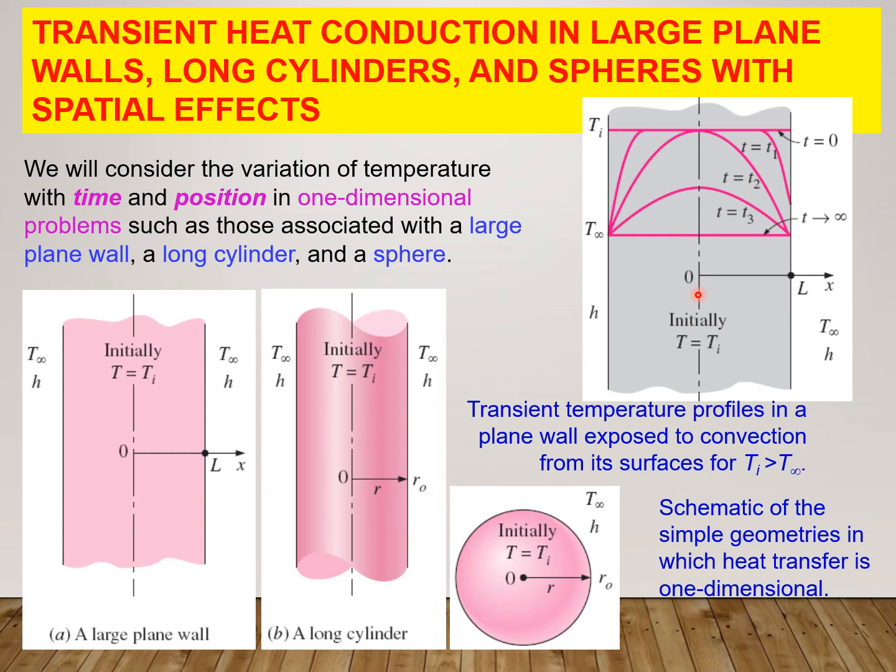This creates a temperature gradient. Gradient means difference in the wall, and it initiates heat conduction from the inner parts of the wall to the outer surfaces. Note the temperature at the center of the wall remains at Ti until t equal to t2.